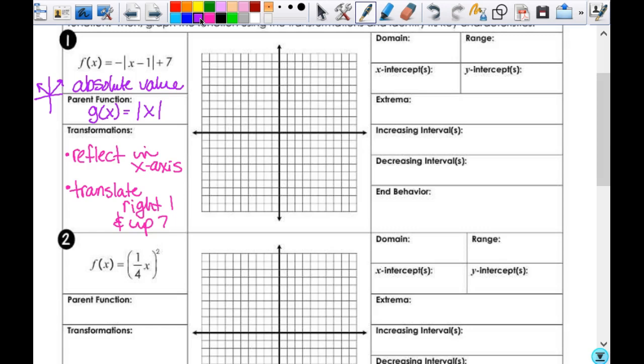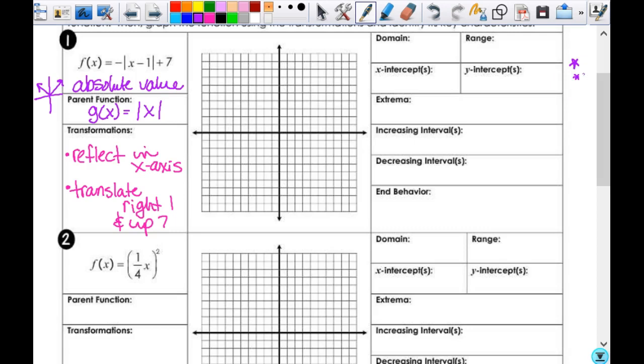Our anchor points, we're going to put as little stars so that they don't look like actual points. Some people just can't draw a star to save their life, it doesn't have to be pretty. A triangle is fine too, or a little asterisk, just something so it's obviously not a point. Are you with me on that?